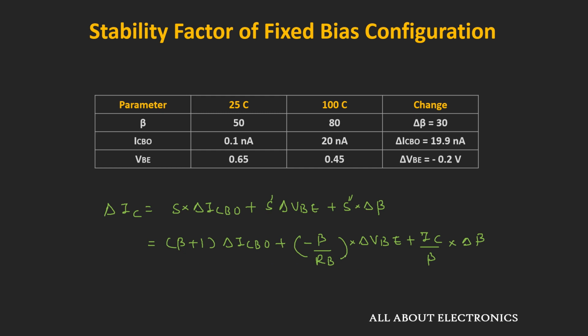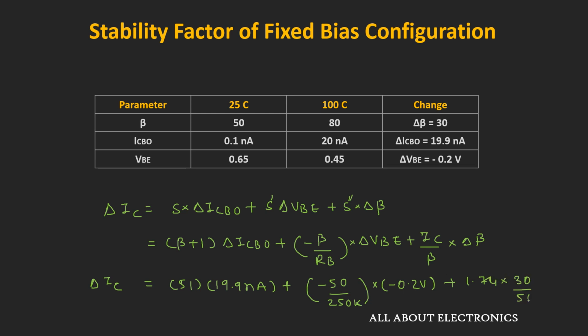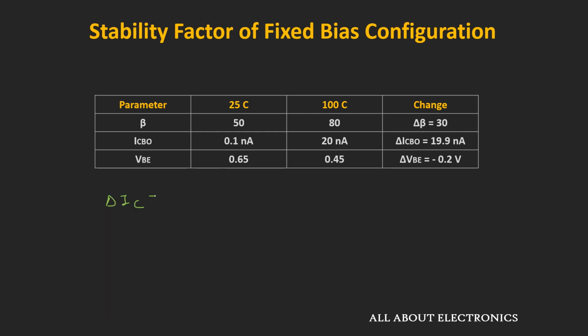So if you put the values of all these parameters, then the change in the collector current IC is equal to 51 times 19.9 nanoampere plus minus 50 divided by 250 kilo ohm times minus 0.2 volt plus 1.74 milliampere times 30 divided by 50. That means delta IC is equal to 1.015 microampere plus 40 microampere plus 1044 microampere.